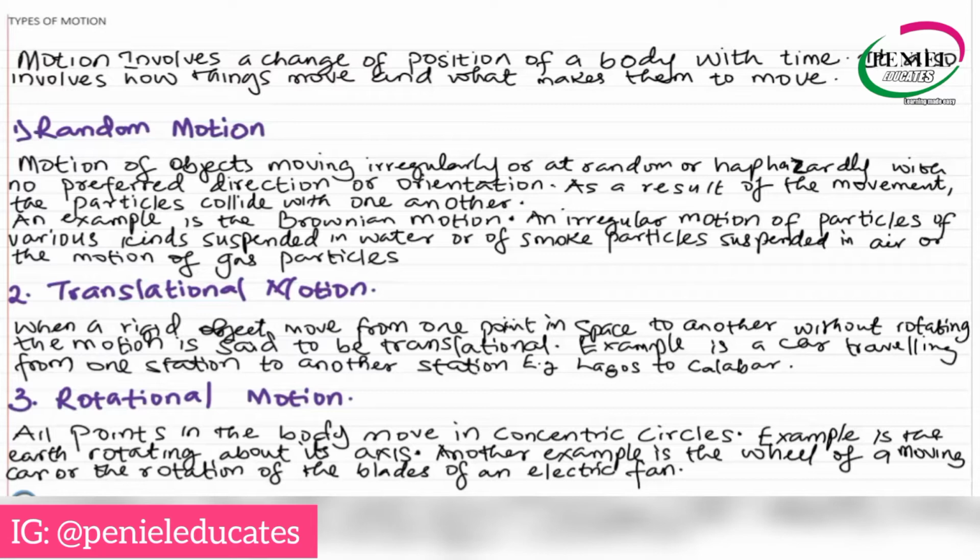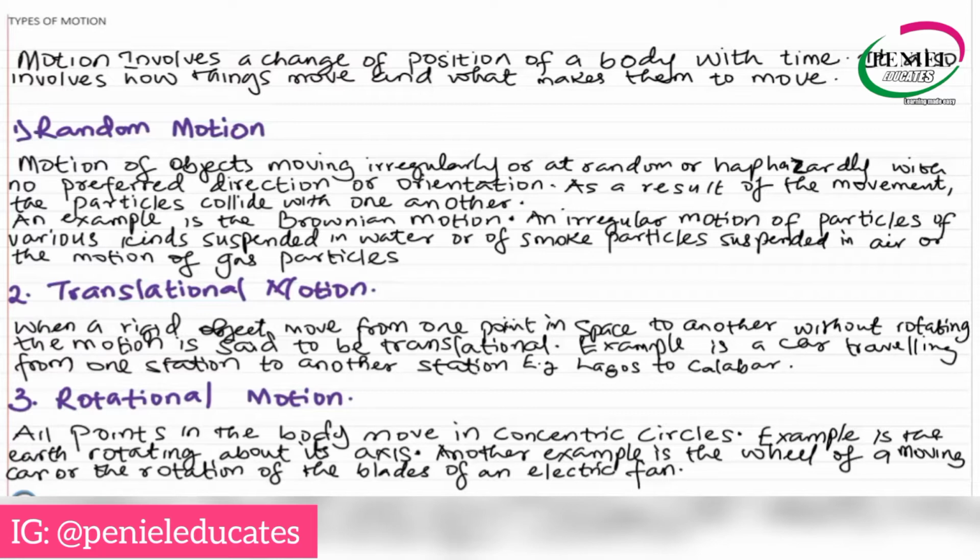We have random motion. Random motion is all about objects moving irregularly or at random, or we can say movements of objects haphazardly, with no preferred direction or orientation, no specific direction. As a result of these movements, the particles collide with one another.